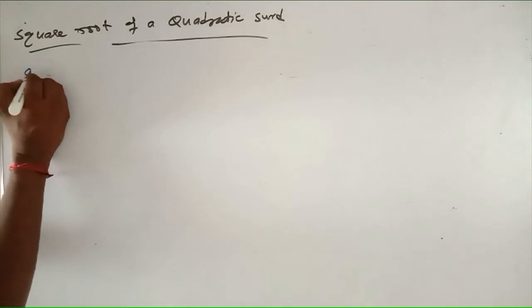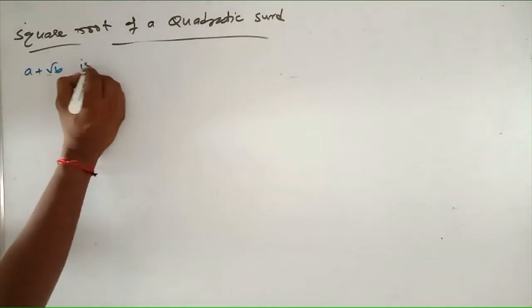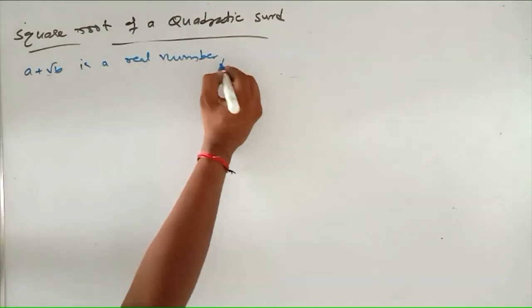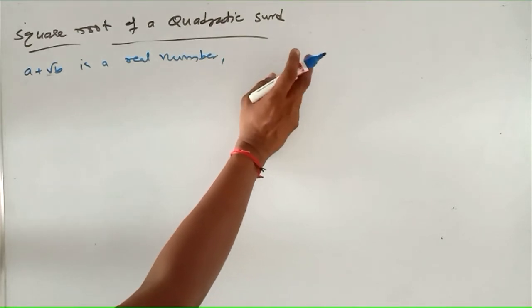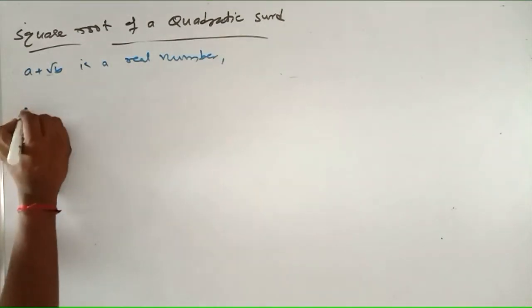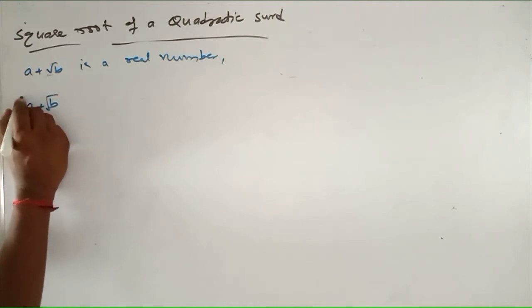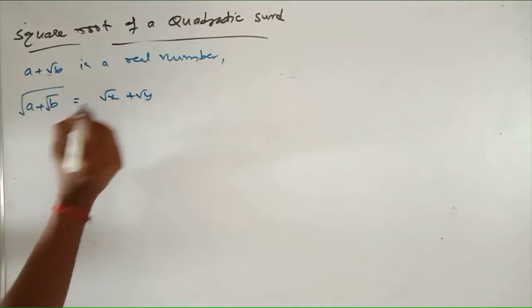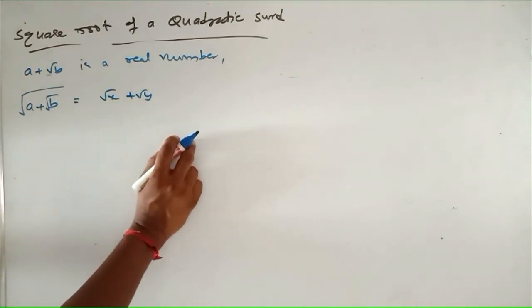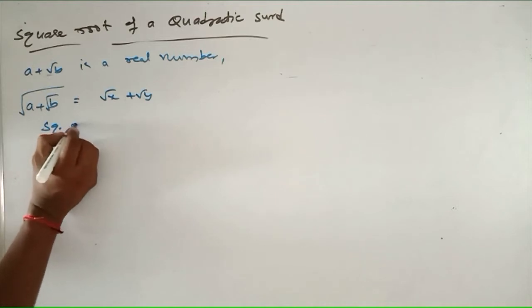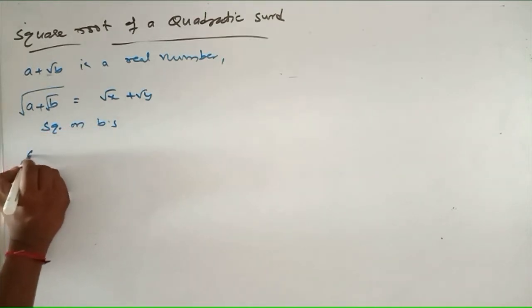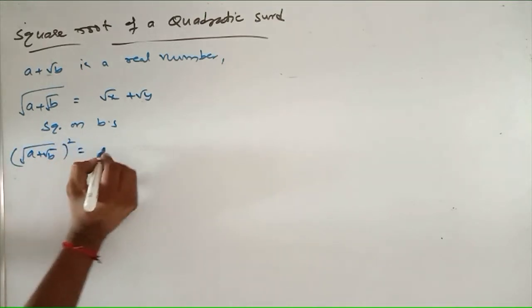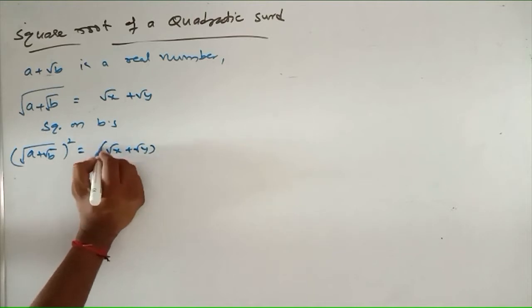Here I am considering a plus root b as a real number, where a and b are rational numbers and root b is a surd. Now to this I need to find the square root. Say the square root of a plus root b equals root x plus root y, and simply square both sides. The left side becomes a plus root b, equal to (root x plus root y) whole square.